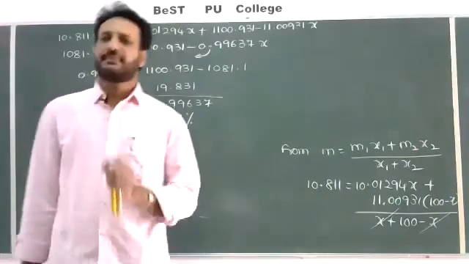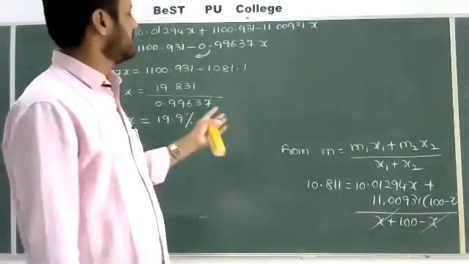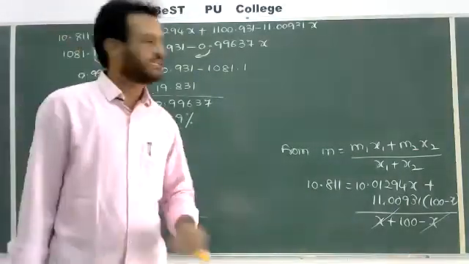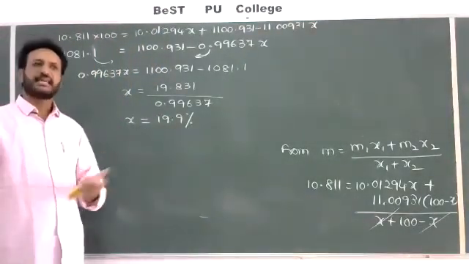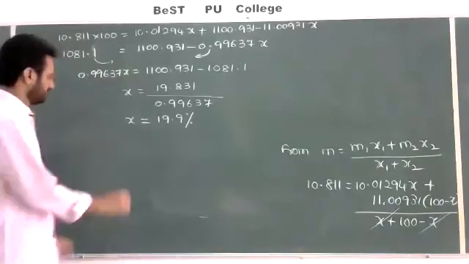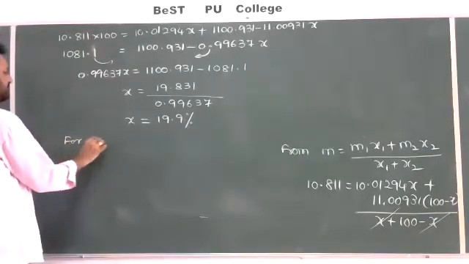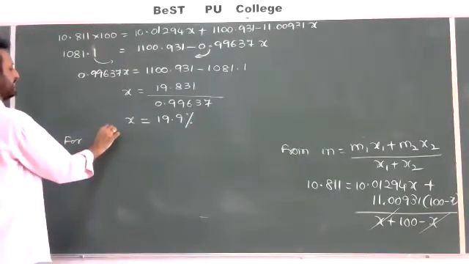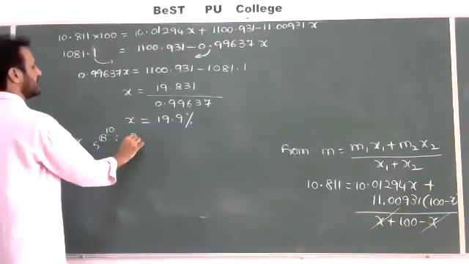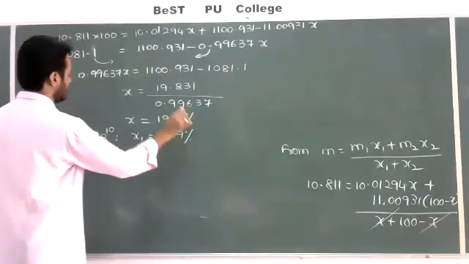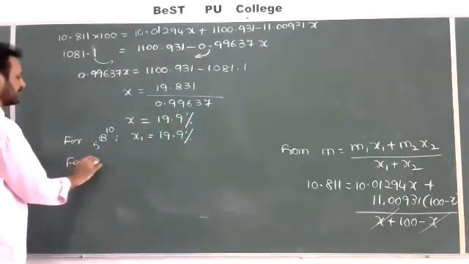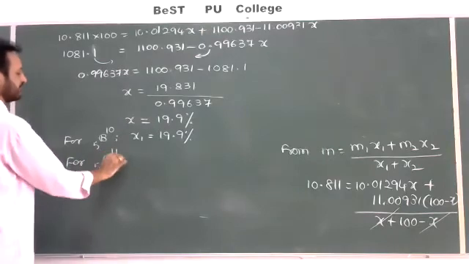So the abundance of the first isotope of boron, that is boron-10, is 19.9% available. Already I have given x1 is equal to x%, so for boron-10, x1 is 19.9%. What about the second isotope, boron-11?